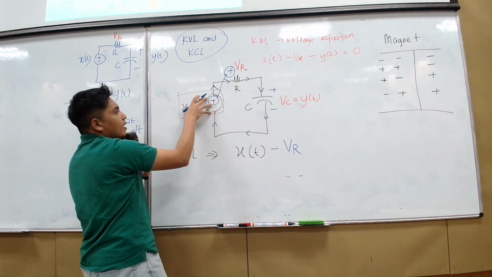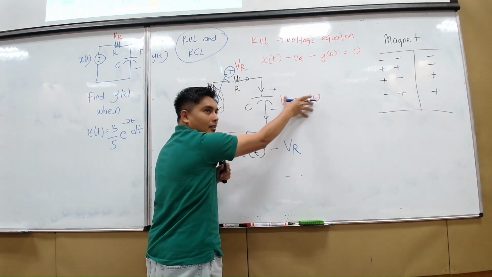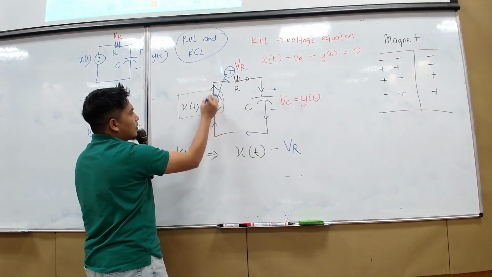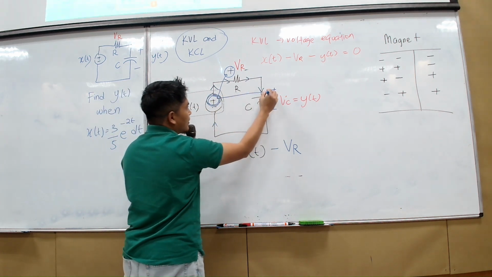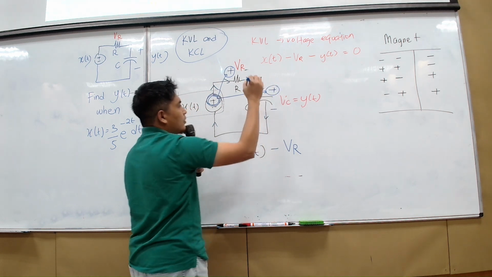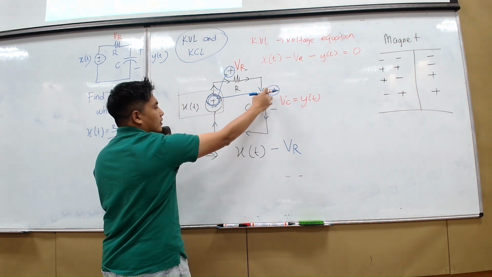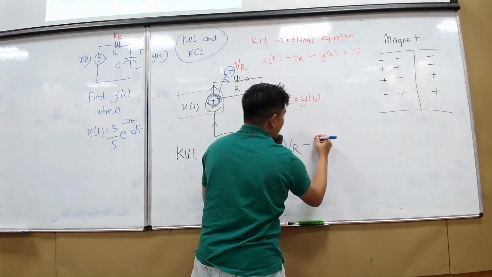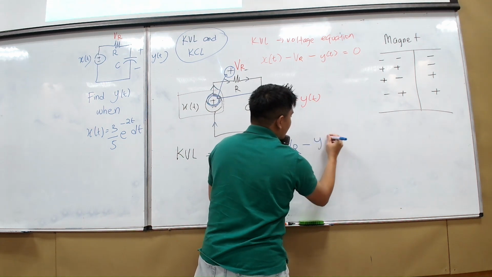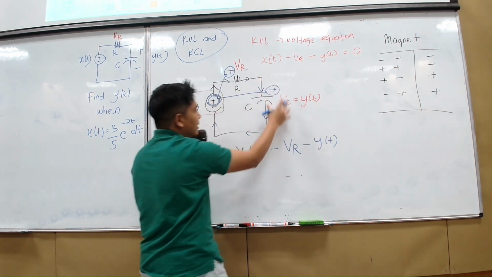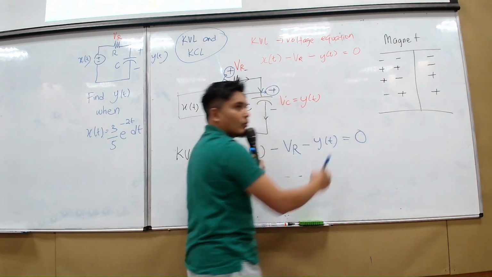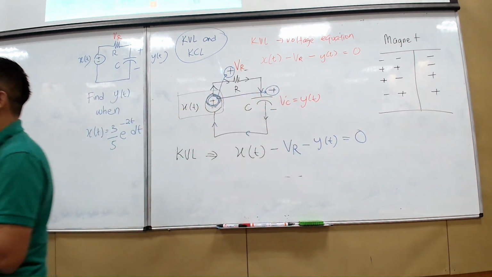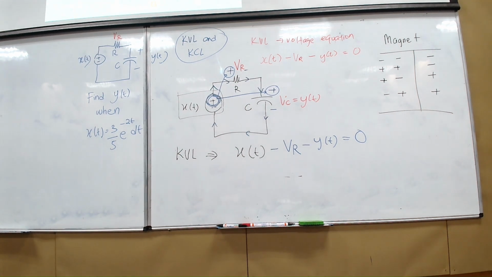Now we want to compare with the YT. So now we use the same reference, and what meets first? Positive, positive, positive, negative YT. Any other thing? So equal to 0. Like that. Okay, that's how you do the KVL.